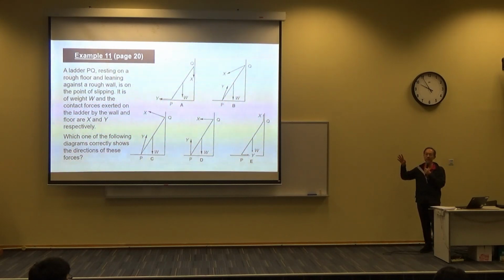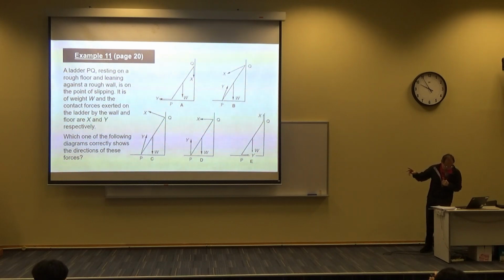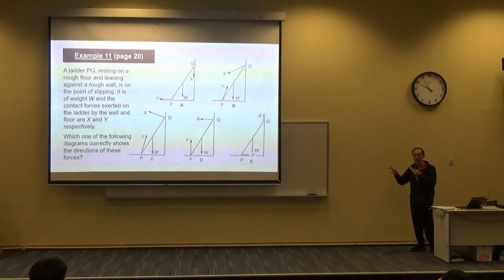There are options A, B, C, D, E. Which one shows the ladder in equilibrium? Take note, it says that the ladder is about to slip or about to slide. That means it's still not sliding yet, so it's still in equilibrium.